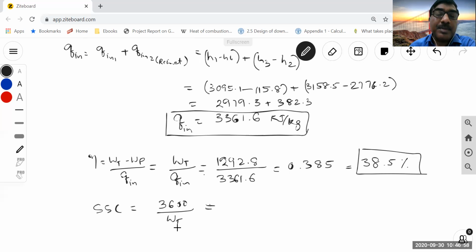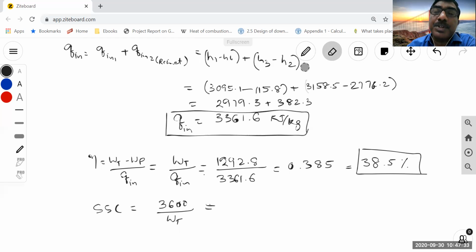So WT is per 1 second. So much kilojoules per 1 second. So if you want to get for 3600, you have to multiply this particular work by 3600. So 3600 by turbine work. Because 1 second is equal to 1 by 3600 of an hour. So 1 by 3600, that 3600 will go above. So it's a very simple one.